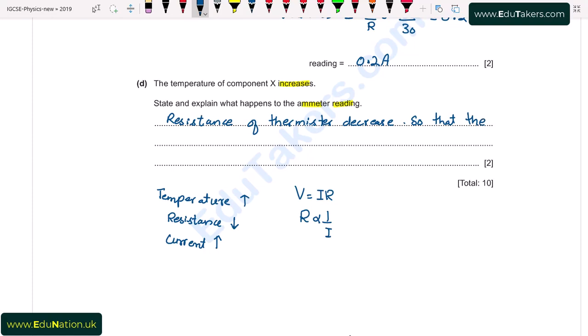So that the resistance of the whole circuit decreases. Next, if R decreases but the potential difference is constant, the current also increases.